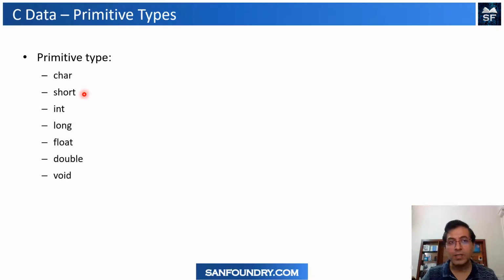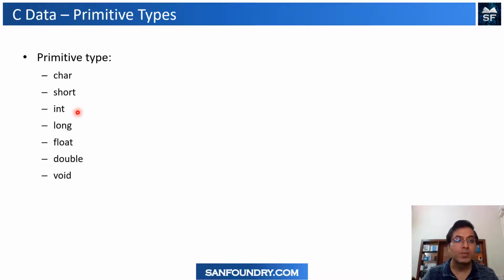So they created a type known as short, or people call it short integer. Both are the same. It stores 2 bytes of information. And then we had the integer, which is the fundamental type in C. Any integral value is by default assumed to be an integer in C programming.